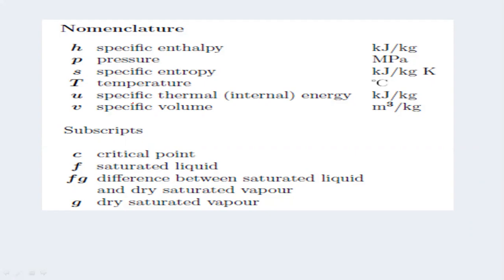The first column which you observe may be temperature, in terms of degree Celsius, or it may be pressure, with the symbol P, and this pressure value in some steam tables is written in terms of megapascal, and in some steam tables in terms of bar.